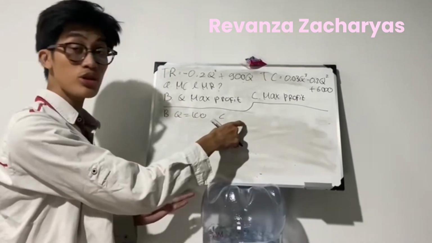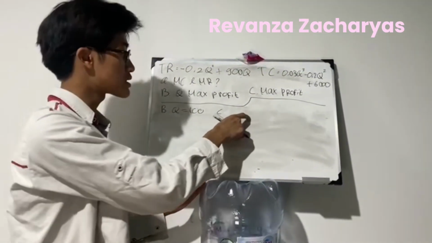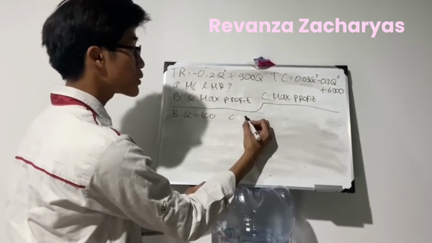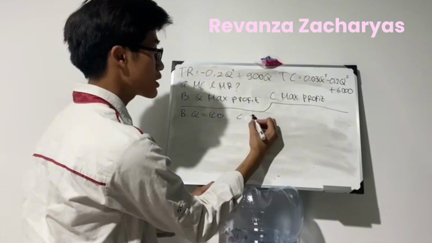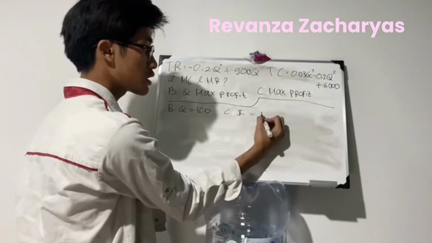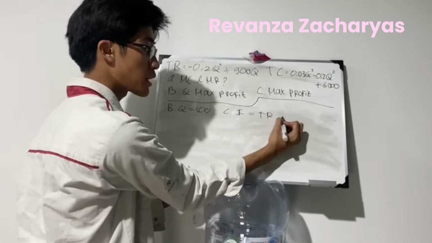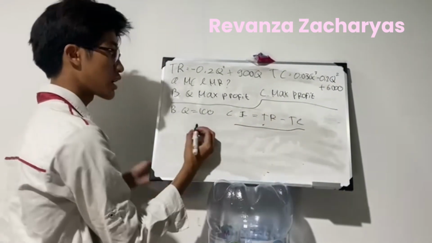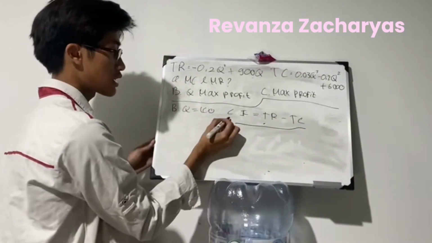So we can continue to answer number C. The formula is we're gonna find the profit. So we're gonna find this formula equal TR minus TC. Okay, this is the formula. So we just gonna input it like this.